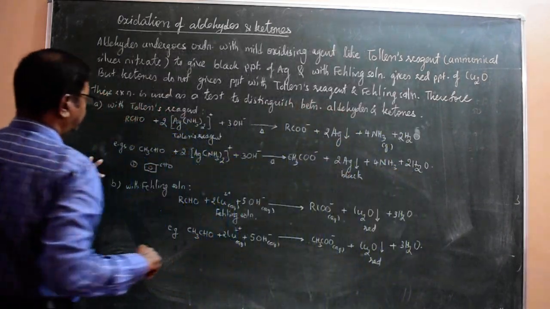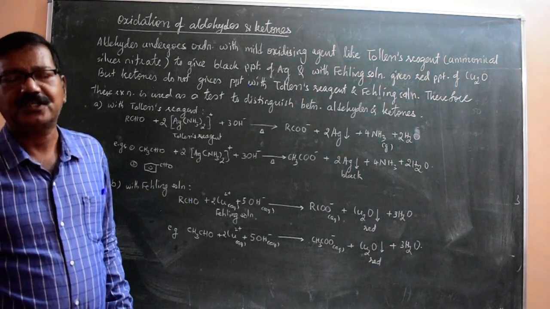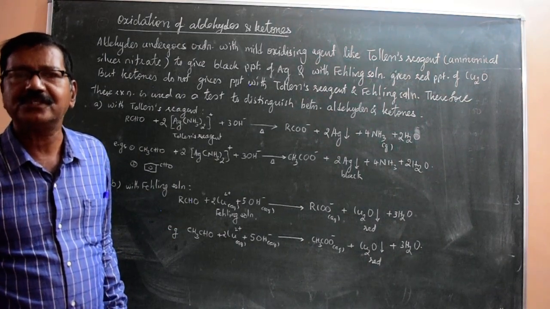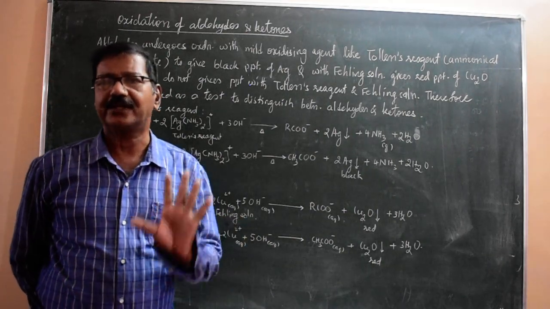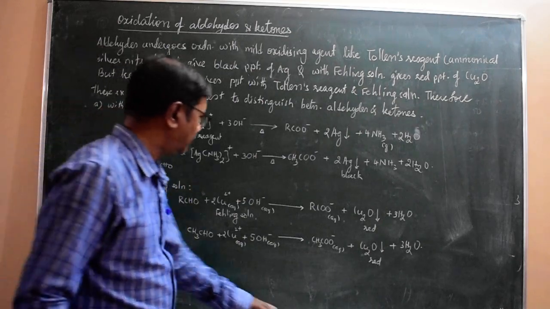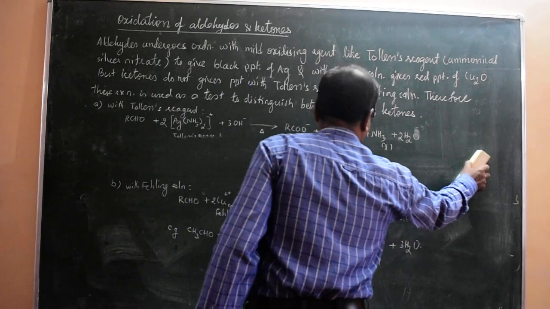Well, benzaldehyde does not give red precipitate with Fehling's solution. Why is it so? Because it undergoes Cannizzaro reaction as Fehling's solution is alkaline in nature. I am writing that because you may not be remembering these words.